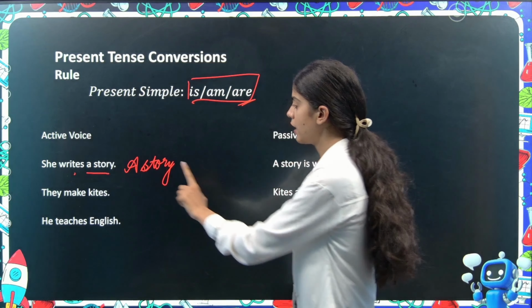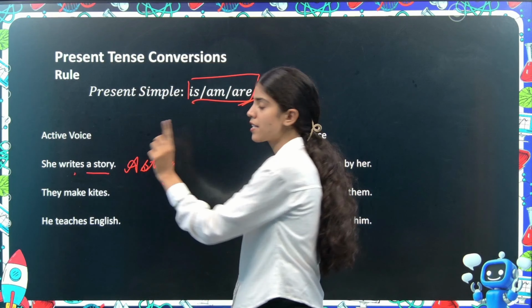A story is singular, a single story, so we will write is. Now the third form of write, because the rule is that in passive voice you have to use V3 only. So a story is written, and then we use our highlighting point by.